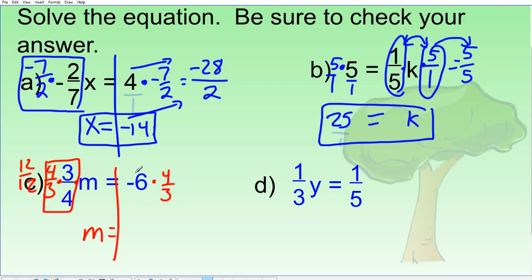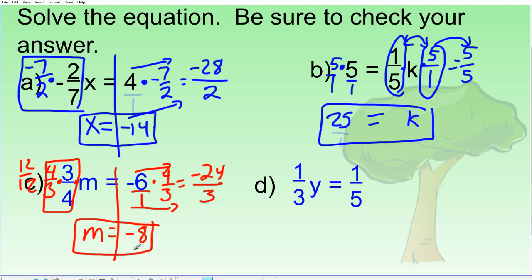To multiply fractions, you multiply across the top and across the bottom, so I need a bottom part of this fraction. So now that gives me negative 24 over 3. Simplify your fraction. Negative 24 over 3 is just equal to negative 8. 24 divided by 3.